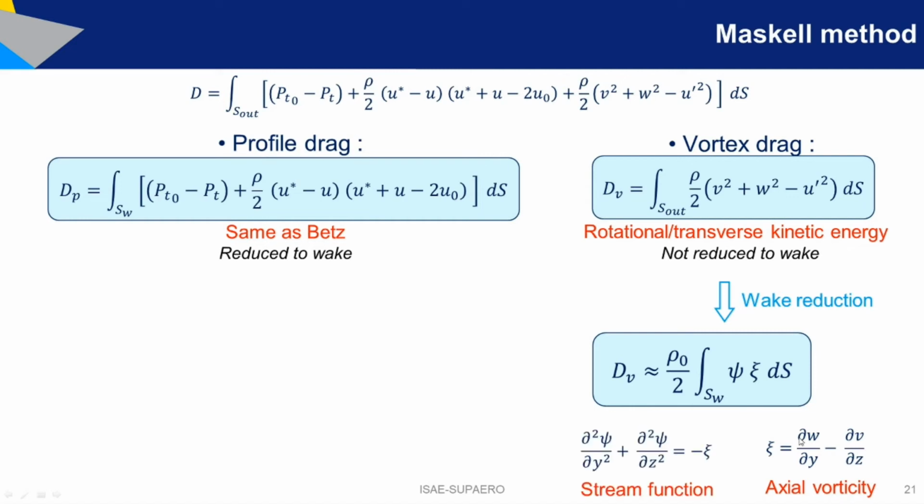And the other term here, the stream function, is a Poisson equation that is driven by the axial vorticity itself. Basically, this is the stream function associated to the rotational flow field around the vortices. We will understand that better afterwards. For the time being, just be conscious that the stream function is just the function that is driven by the axial vorticity.